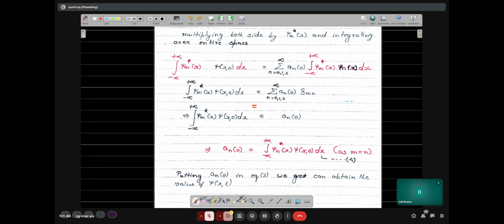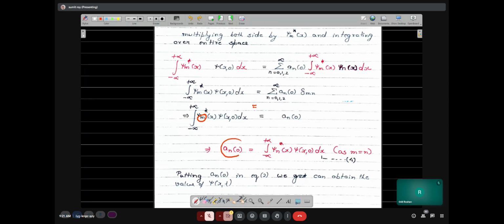Now see, an यहाँ पर m लिखा हुआ था, इसको भी हमने n कर दिया, क्योंकि अनवांटेड रनिंग इंडेक्स का हमको जरूरत नहीं है. ये वही टर्म है जब m is equals to n. So whether I put the suffix m or n, it doesn't matter. So we have taken it as n.